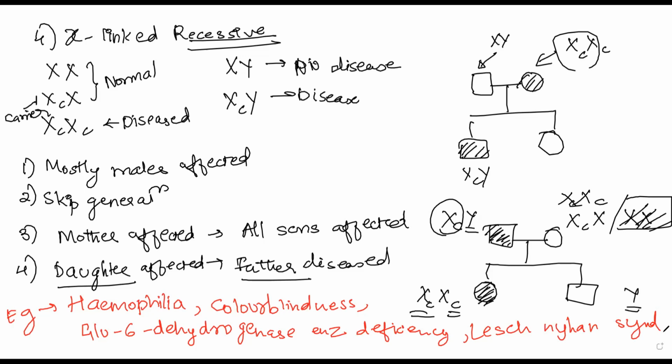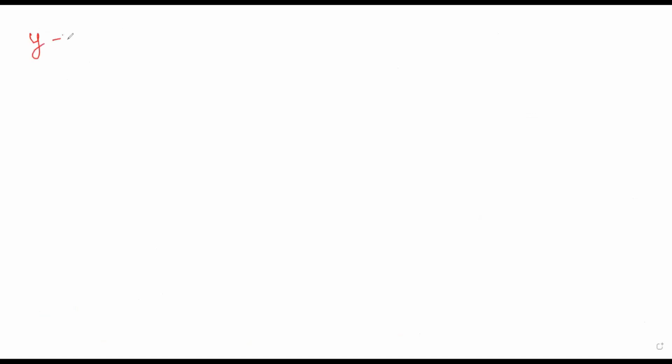And the next type is the Y-linked. Okay, now Y-linked is very simple. Another name for Y-linked inheritance is the Holandric inheritance.